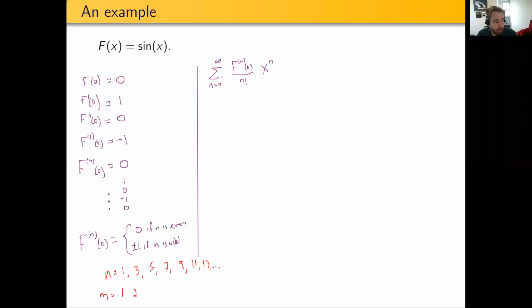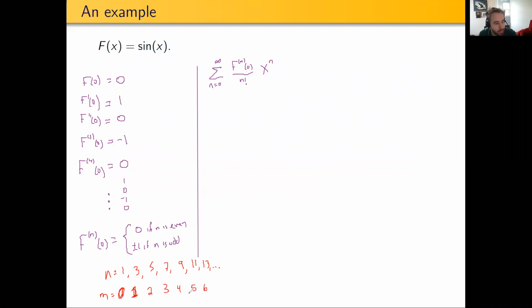Or actually, because I like to start my indices at 0 in a Taylor series, let me convert this. This will be my 0th entry here, this will be my first entry, my second entry will be this one, third entry is this one, fourth entry is this one, and so on.